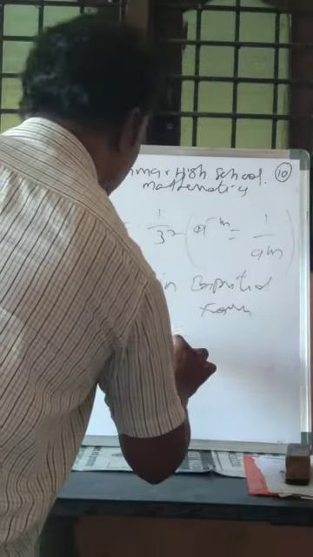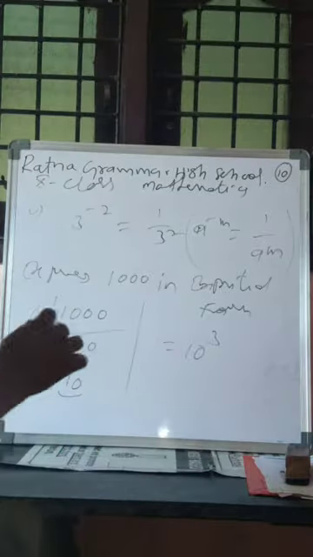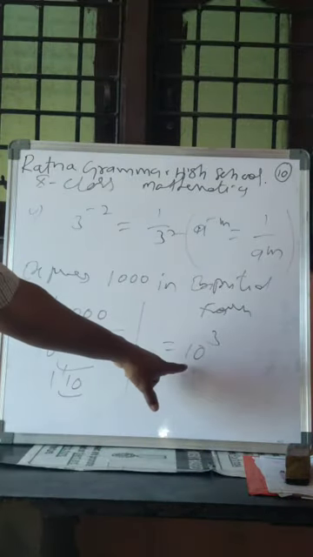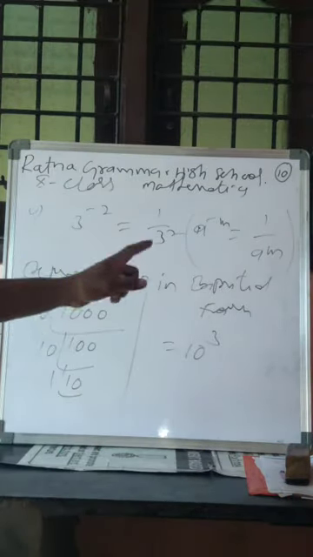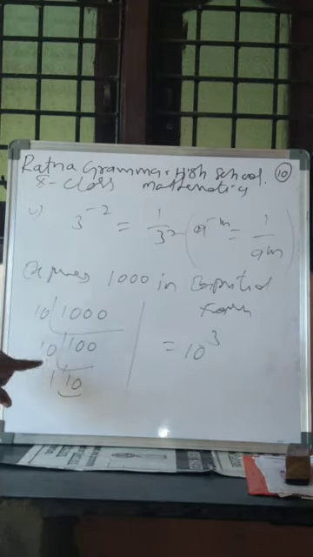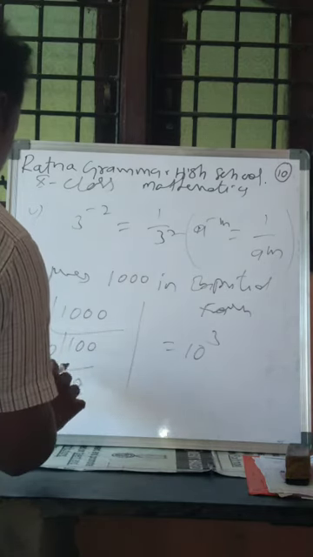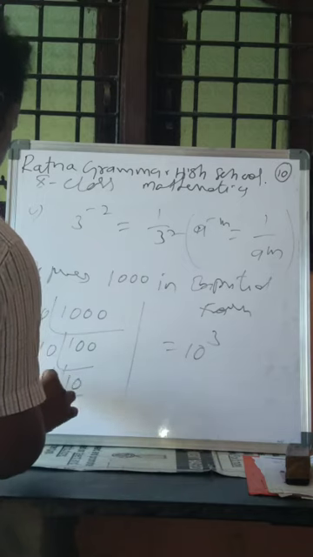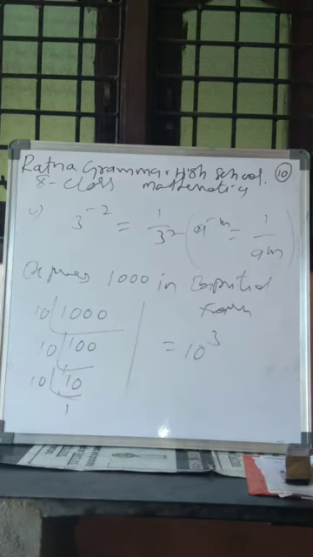So this is 10 power 3. 10 power 3 means 10 into 10 into 10. This is called the exponential form of 1000. Like that, for 8, 64, any number, we can change the expression to the exponential form.